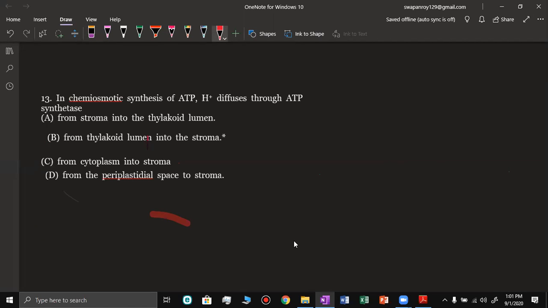This is the main theory for the synthesis of ATP.